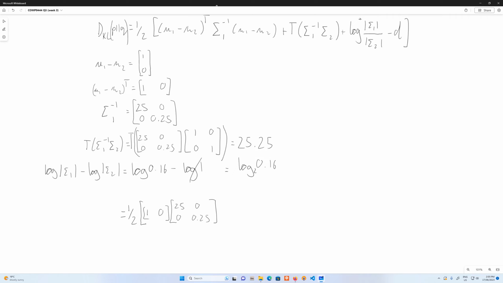The next part of the formula is the difference of the mean vectors, but not the transpose. Got this. Now we add the trace, 25.25. Add what we got for the log ratio. What was that? Log 0.16. And finally, we subtract the number of dimensions. Cool.